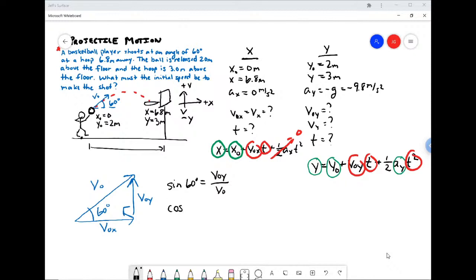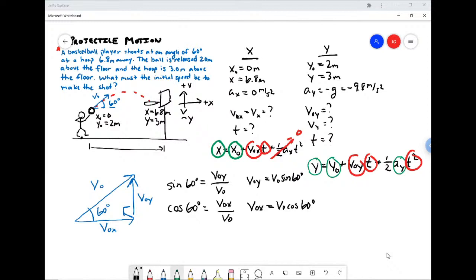And the cosine of that angle equals adjacent over hypotenuse, which is the x component over v naught. So let's solve this for v naught x and v naught y. We get v naught y equals v naught sine of 60 degrees, and v naught x equals v naught cosine of 60 degrees.